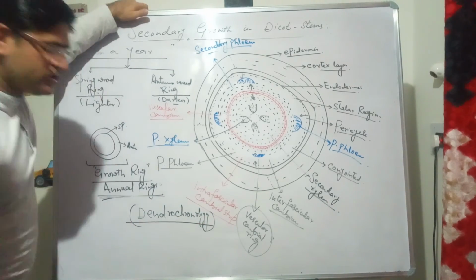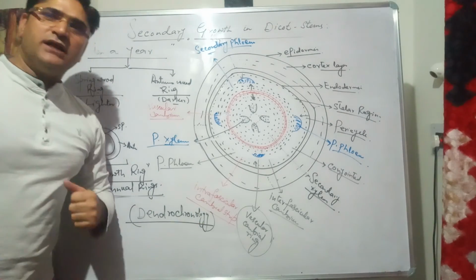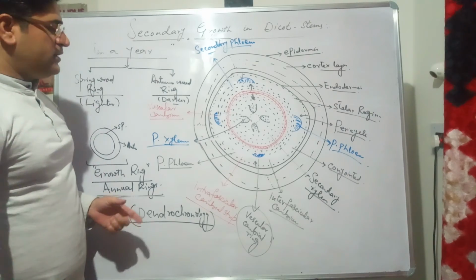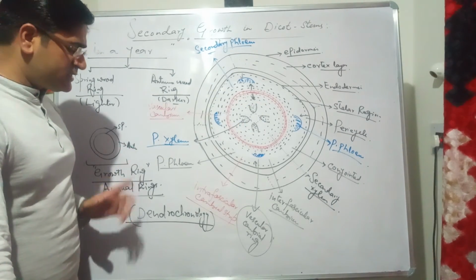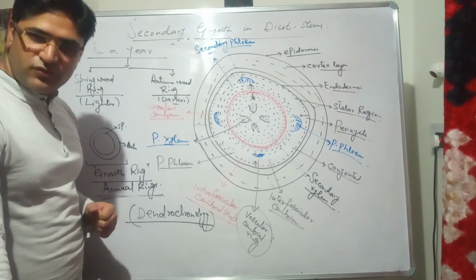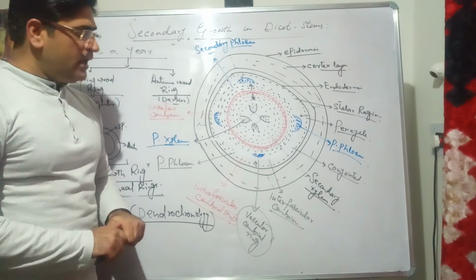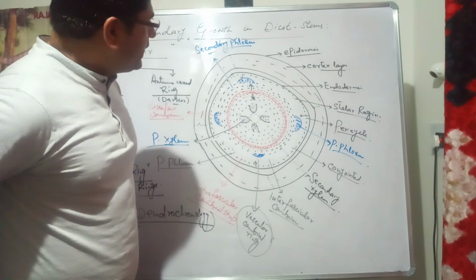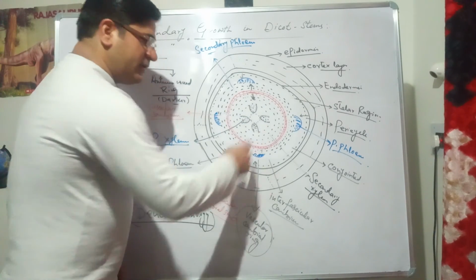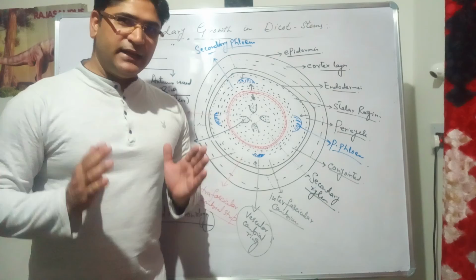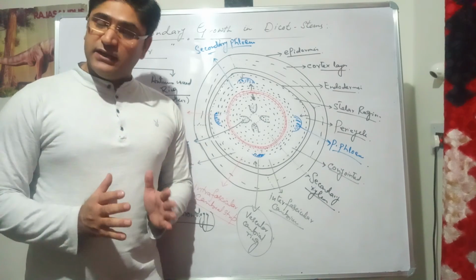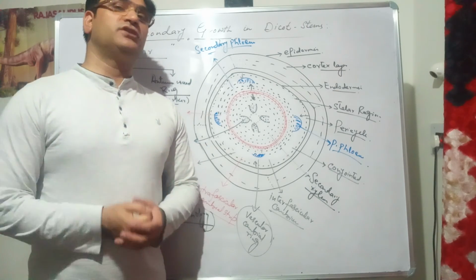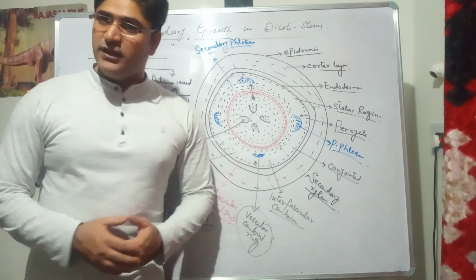Okay, by which the age of the plants is determined based on the annual rings is known as dendrochronology. Okay, I hope you have understood well the formation and activity of the vascular cambium, which is mainly responsible for the secondary growth inside dicot stems and gymnospermic plants.